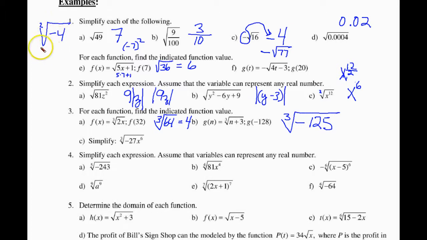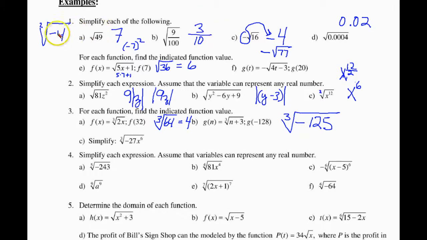And you might say, well, negative 2. But negative 2 times negative 2 is a positive 4. And 2 times 2 is a 4.